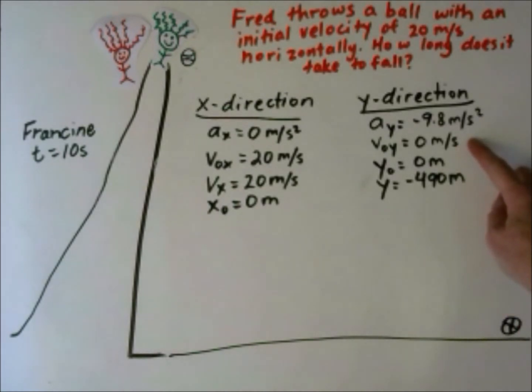He didn't throw it up or down. So its initial velocity in the y direction is 0. It's not moving up or down at the beginning. That will change with time. His initial position we can define in the y direction as 0. And from the last video, the final position will be the bottom of the cliff, which will be negative 490 meters. We'll assume that this ground is flat. There's no hills at the bottom.